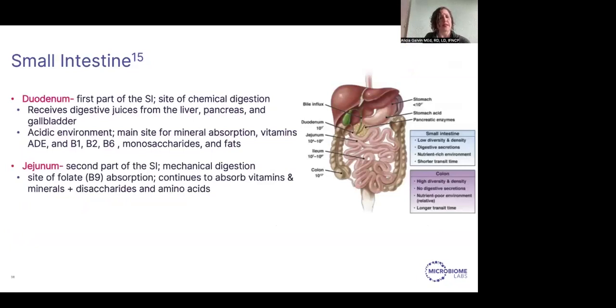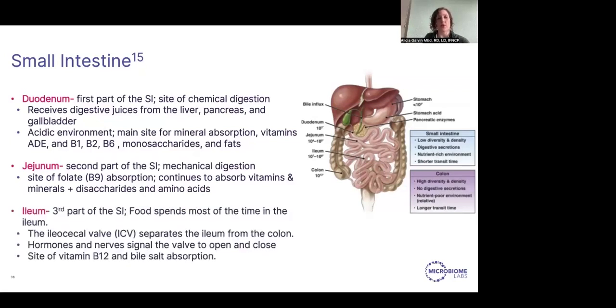The jejunum is the second part of that small intestine. It's where you're going to see things like B9 or folate absorption, and it'll continue that absorption of other minerals and carbohydrates. And then in the ileum, this is where you have that ileocecal valve that's separating the ileum from the colon. This is where you're getting a lot of the hormone signals to basically manage that valve.